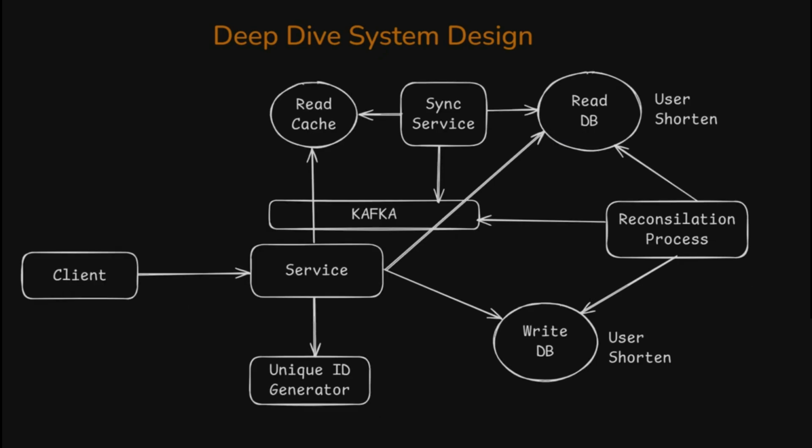Okay, let's think about any other area of improvement that we can discuss as part of the deep dive. Yeah, I can see one more area is when the data size is too large, like after 5 years, 10 years, do we want to expire the shortened URL, right?